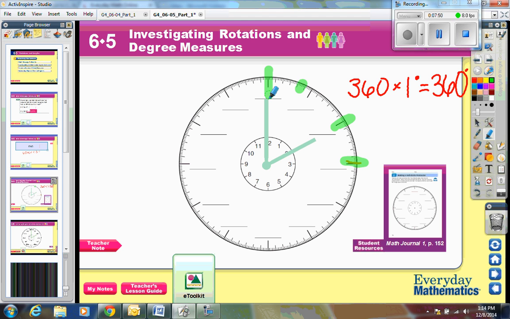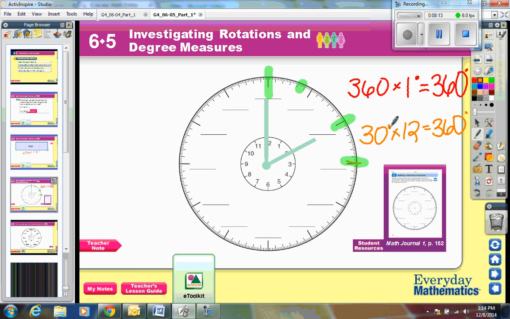So these 12 long marks divide the circle into 12 sections. Well, you can either take 360 divided by 12, or you know that 3 times 12 is 36, so 30 times 12 is 360.